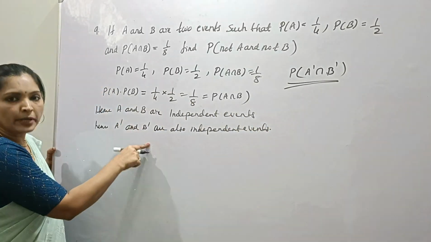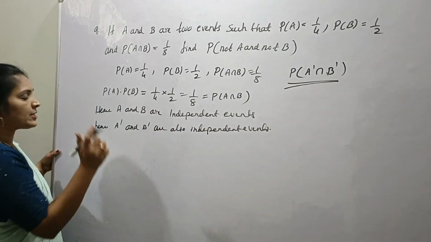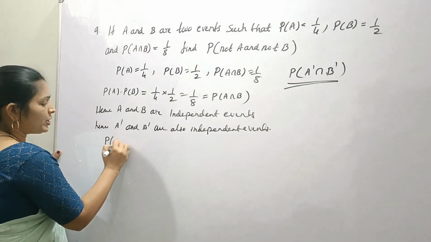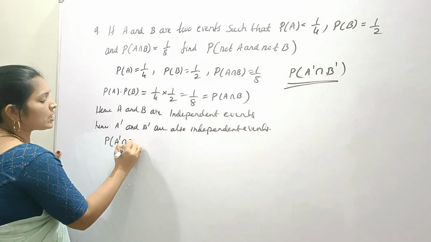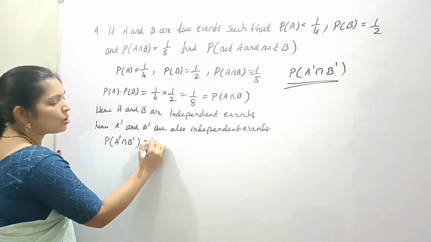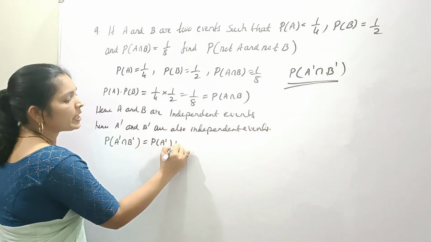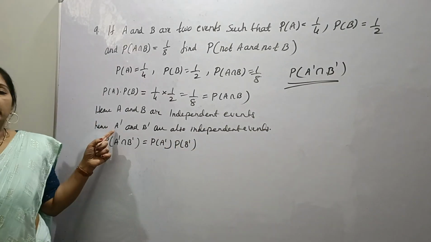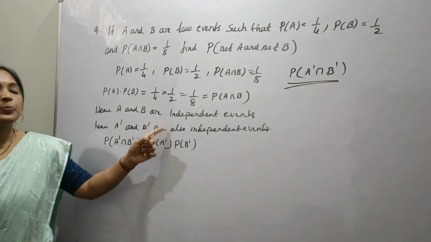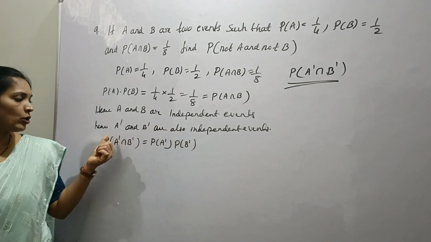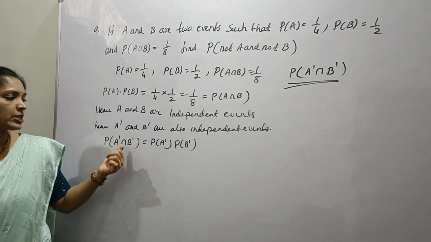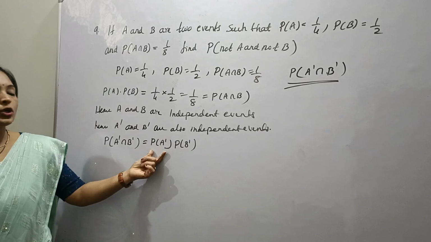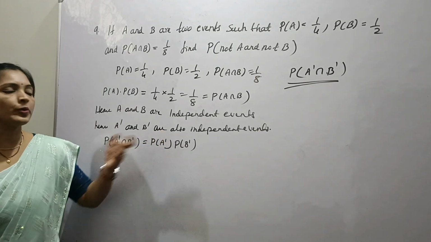Since A complement and B complement are independent events, we can write probability of A complement intersection B complement is equal to probability of A complement into probability of B complement.